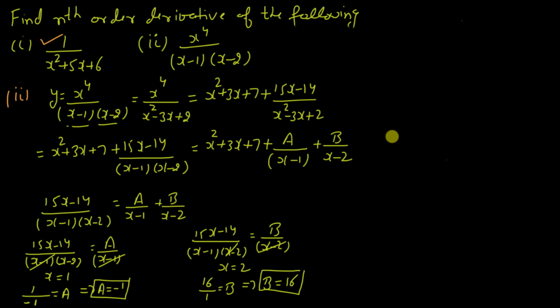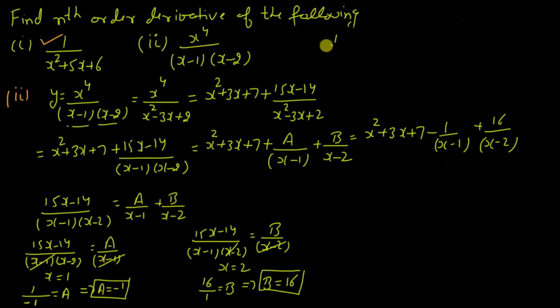So I am going to put it over here: x square plus 3x plus 7 minus 1 by x minus 1 plus 16 by x minus 2.